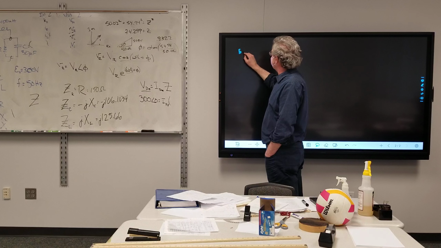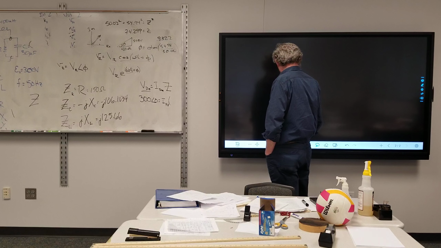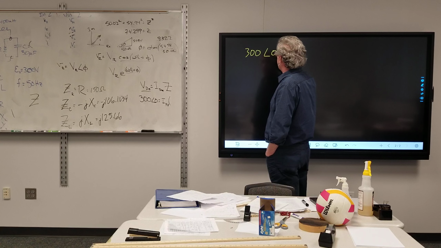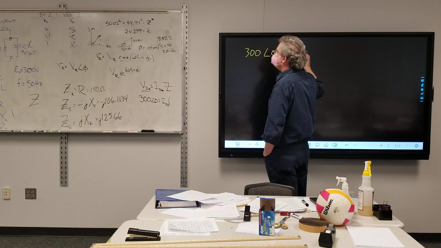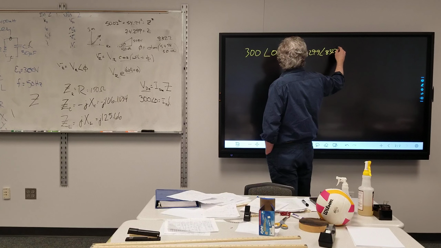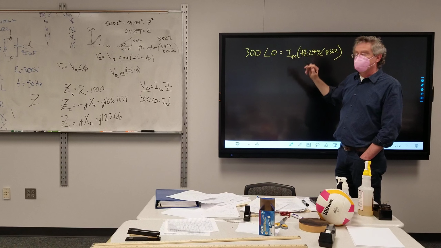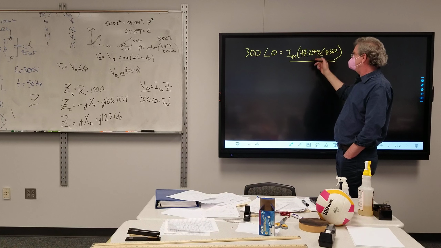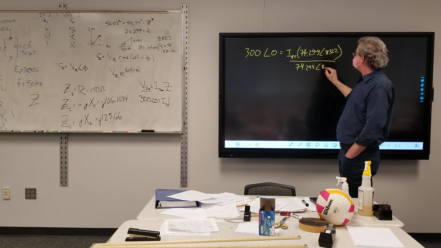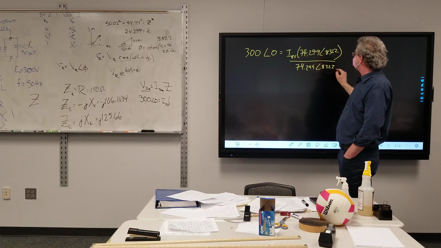All right, so I have 300 at 0 radians is equal to IPS times my Z, which is 74.299 at an angle of 0.8322. So for IPS, I just divide both sides by this.